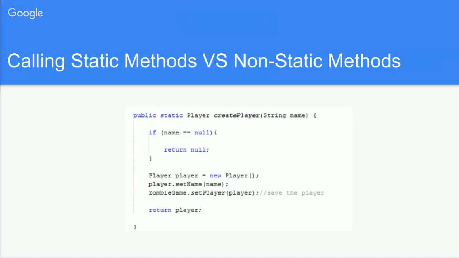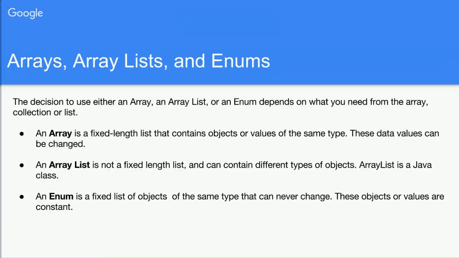The player equal new player is a constructor of an object instance, so that the player set name function can be called. And so that's a non-static method. That's the way you work with those. For the static methods, you just use the name of the class where the function is defined before the name of the function, and that's how you call that. So that's the difference between calling static methods versus non-static methods.